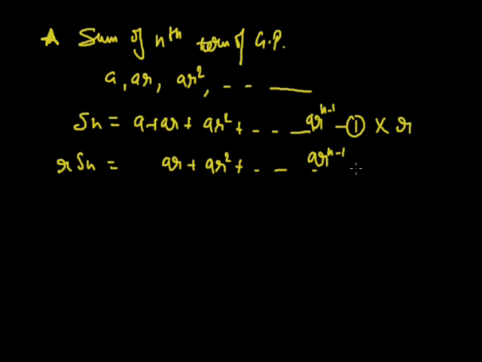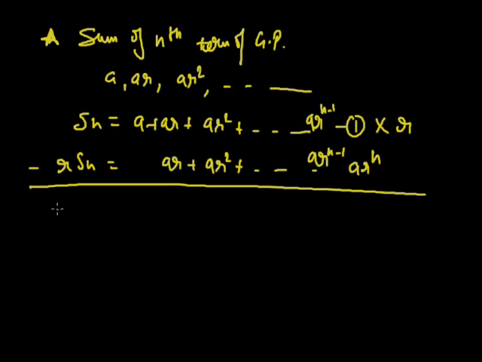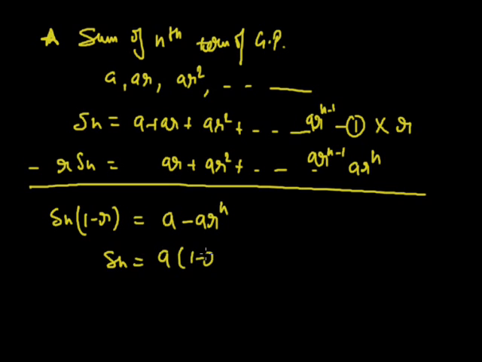Subtracting, Sn into 1 minus r equals a minus a into r to the power n, then Sn equals a into 1 minus r to the power n upon 1 minus r.